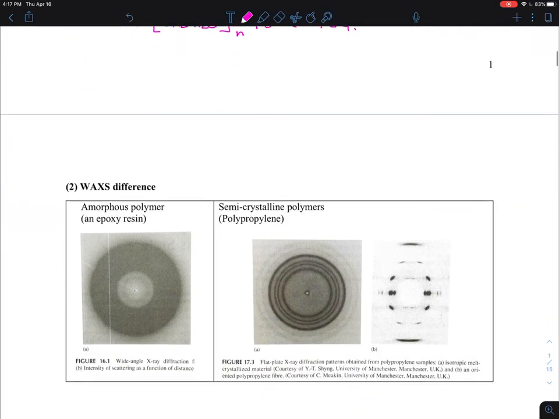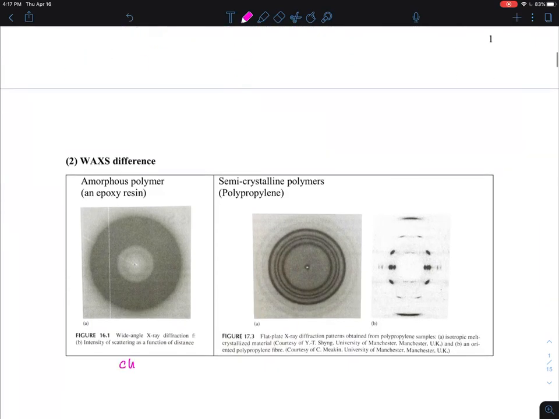glycol. When I started chapter 16, I showed the wide-angle X-ray scattering structures of the amorphous polymer. This is an amorphous halo of the polymers, which is a pretty broad peak, right? And now I'm just showing one example from chapter 17. This is coming from polypropylene, CH2, CH3.